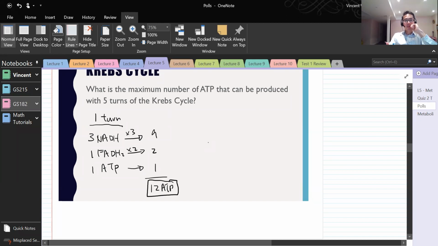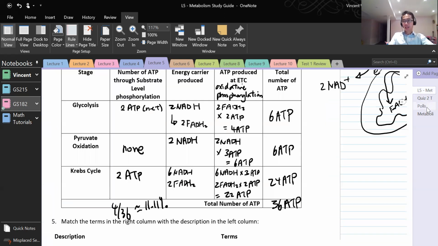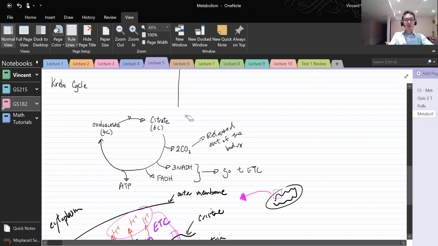Okay, so can you explain one more time? Now these numbers, the 3 and the 1 and the 1, that's just given based on what I wrote here. There's no explanation to it. For one turn it is just 3 and 1 and 1.